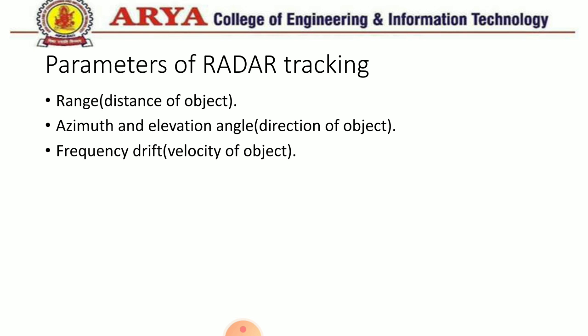Parameters of radar tracking. Basically there are three parameters that we need to identify while we track an object using a radar tracking system. One parameter is range. Range is calculated based on the delay between the transmitted signal and the echo signal.